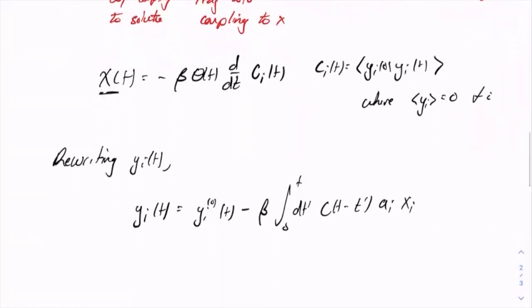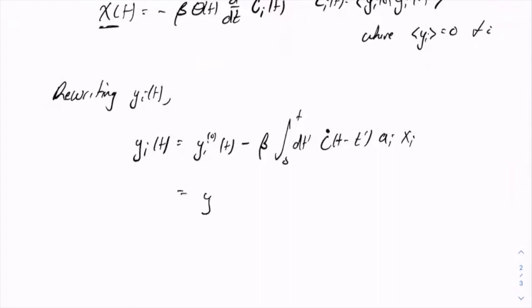And now I can either act that time derivative on the correlation function, or I could integrate that by parts and act it on x. Again, a is just a constant. And I will, in general, have a boundary term that results.